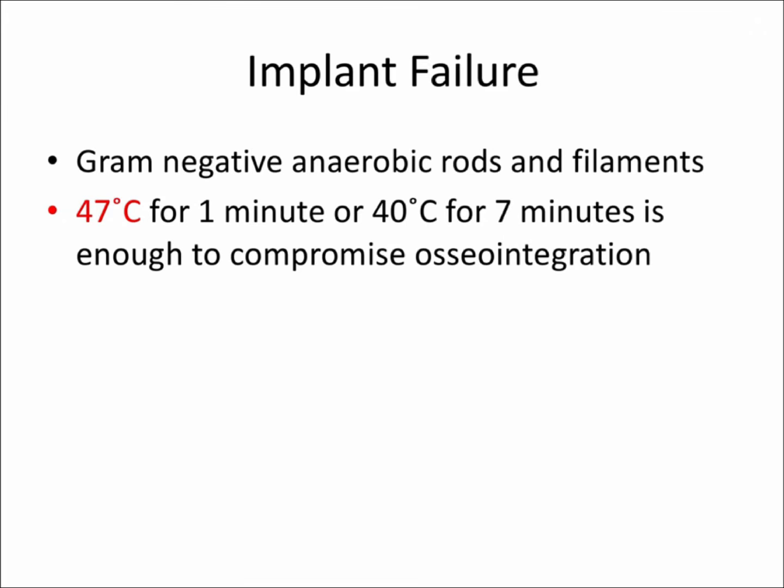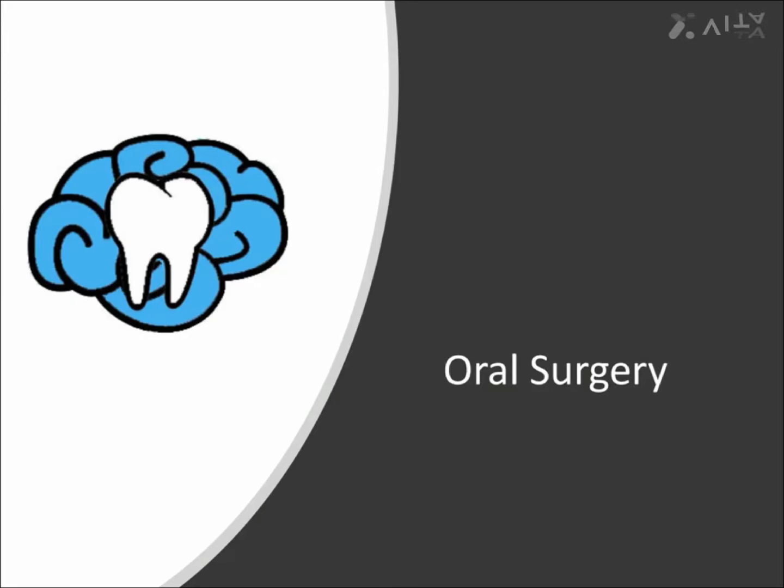So again, this goes back to one of those first slides. To reduce the amount of heat generated, a sharp drill, copious irrigation, and sequentially enlarging the osteotomy is so important because we don't want to compromise osseointegration before even the implant is placed.